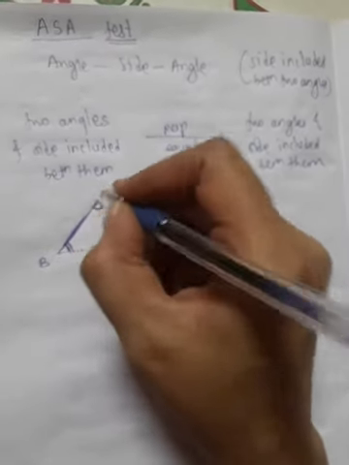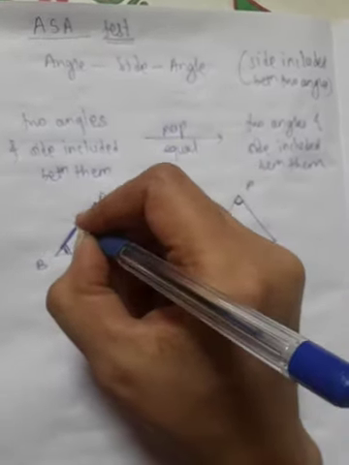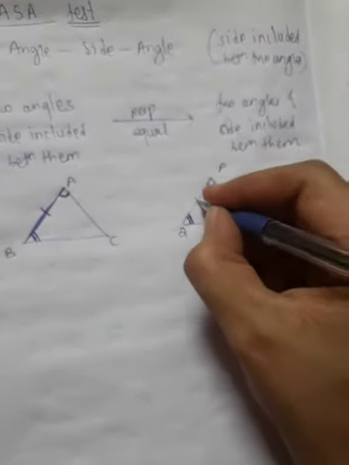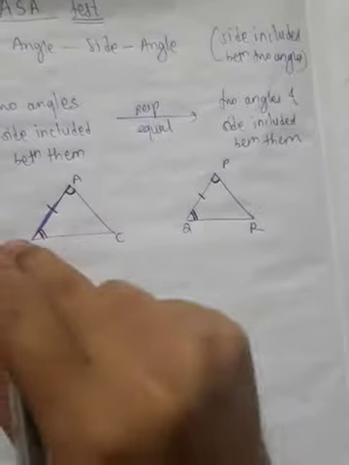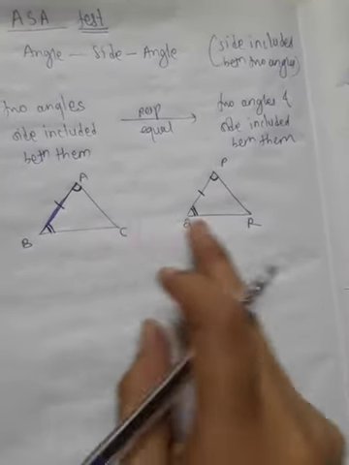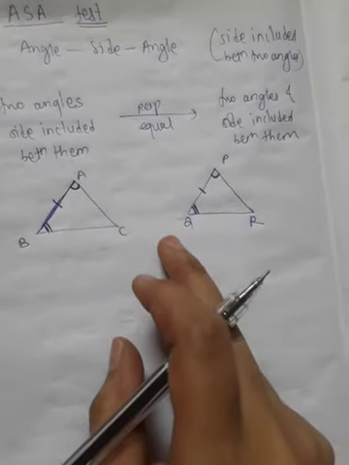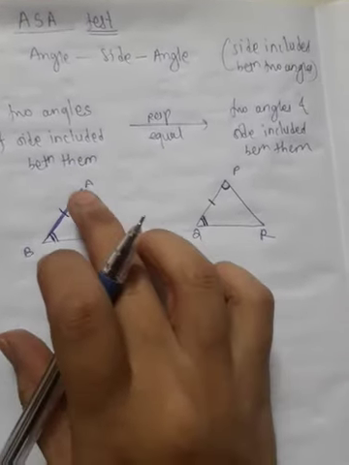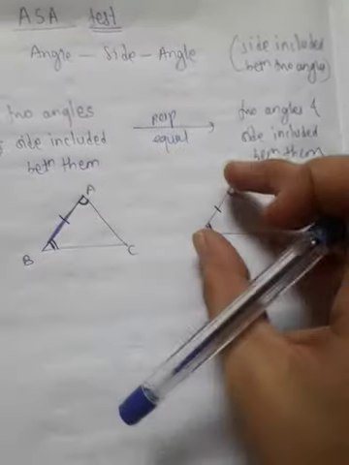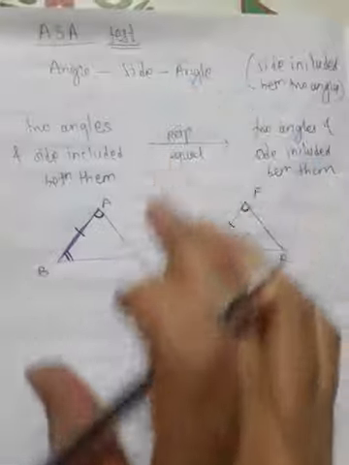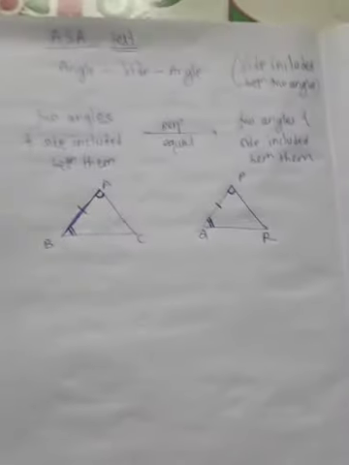Here the side included between those two angles is AB, and here it is PQ. If AB is equal to PQ, then we can say these two triangles are congruent. Means in two triangles, if two angles and the side included between them are equal, then by the ASA test the triangles are congruent.